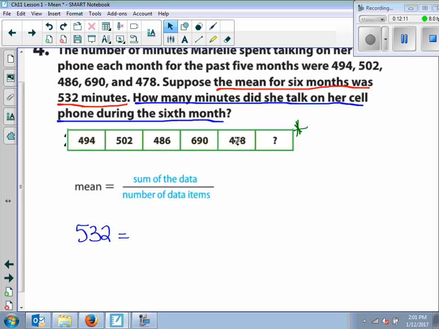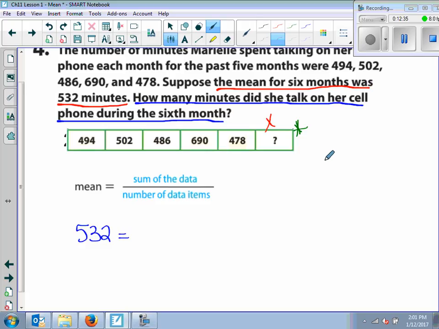That's 1, 2, 3, 4, 5 months. But we also have to include the 6th month. Is everybody with me? Do I know how many minutes she talked in the 6th month? No. So since I don't know how many minutes she talked in the 6th month, that is my variable. That's my x. Is everybody clear?